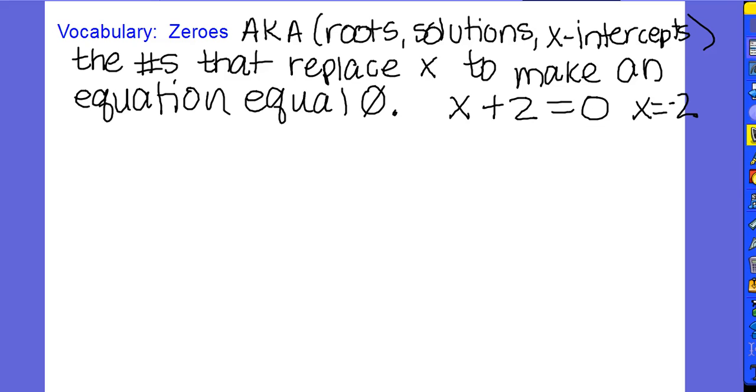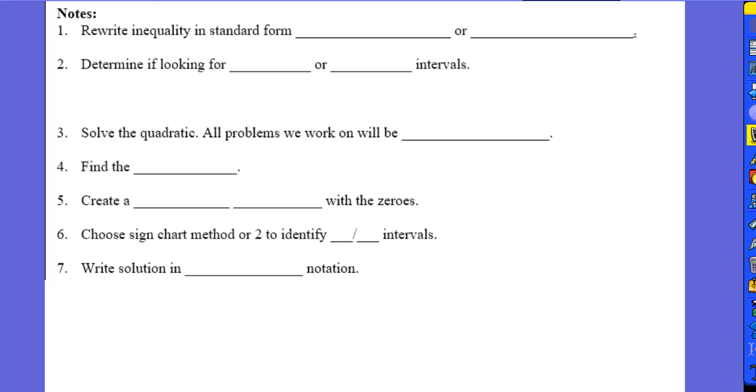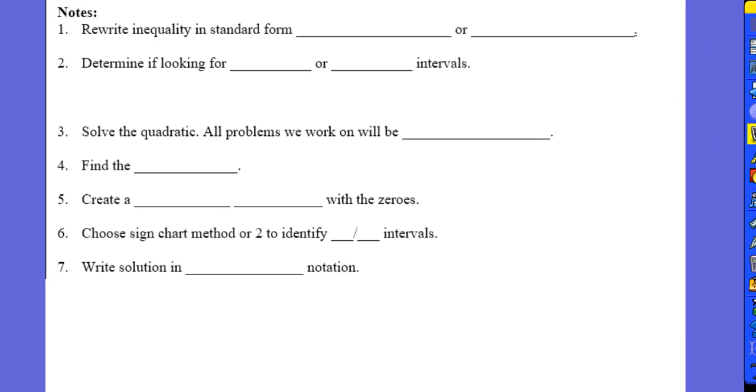Okay, so ready? We're going to start with a process that you will follow, and if you follow it carefully, you should have some great success today with your assignment. We're going to start with step 1. When you're solving a quadratic inequality, the best process is to rewrite the inequality in standard form.